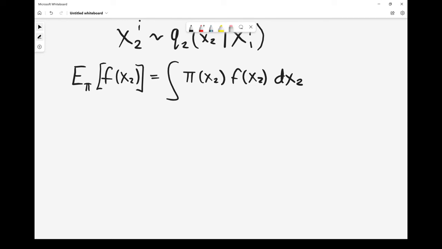So we might think at this point that we could just do standard importance sampling, which we've already seen.